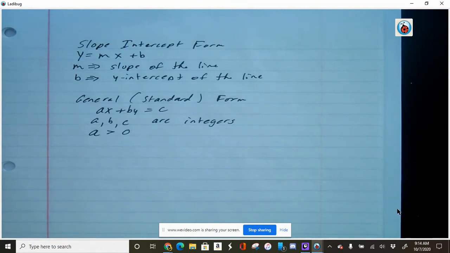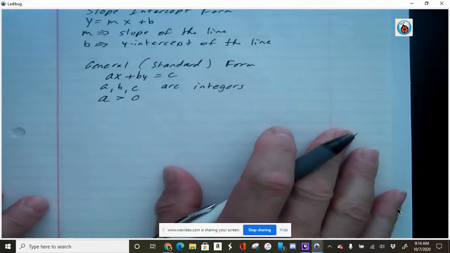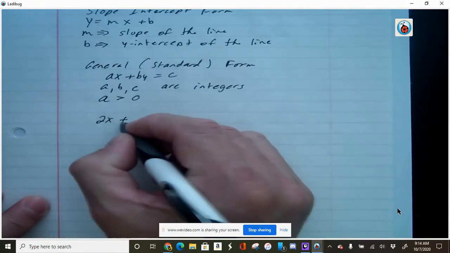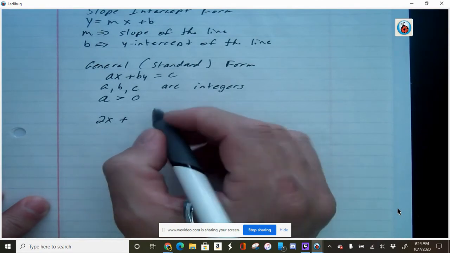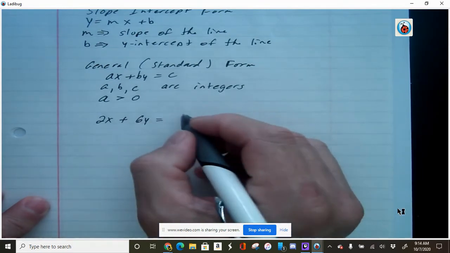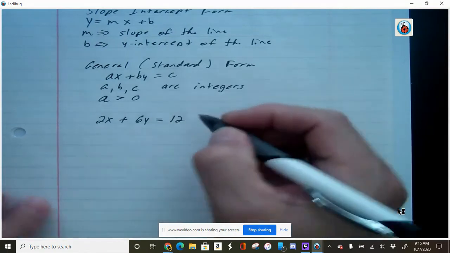All right, so we're going to take a general form equation and we're going to graph from it. Let's just start off with something relatively easy. Let's start off with 2x plus 6y equals, let's say, 12.